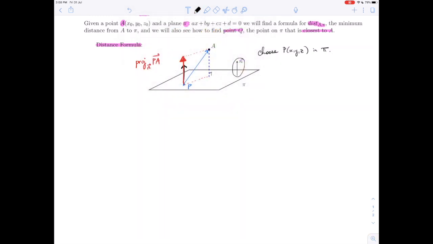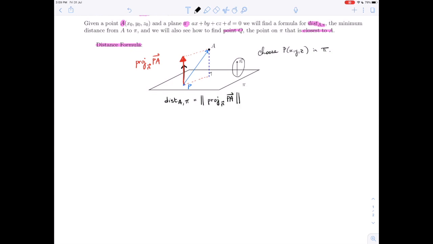And that means that the distance from our point A to our plane pi is going to be exactly the norm of that projection vector. So the norm of the projection of PA onto N. And that's kind of it.